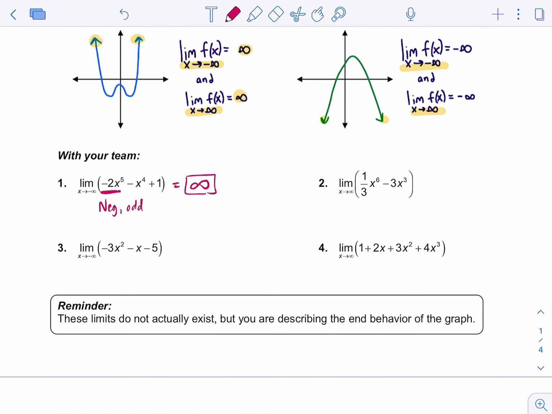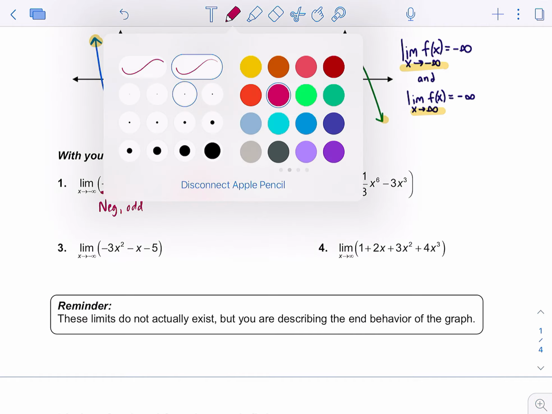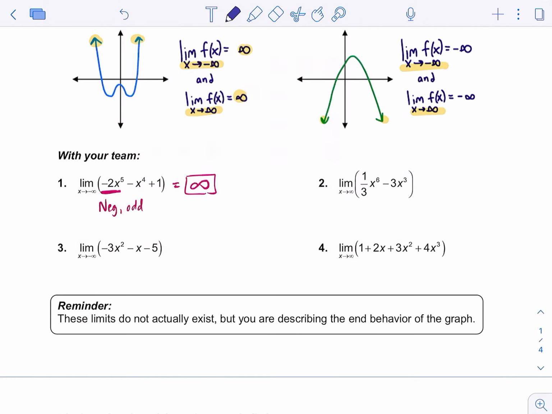Number 2, limit as x goes to positive infinity. Looking at my lead coefficient, it is a positive number and it is an even. So those are the ones where our arrows, doesn't matter what it does in between, but our arrows both end going up. So as we look at positive infinity, that's the right arrow. It's going upwards. So that's positive infinity.